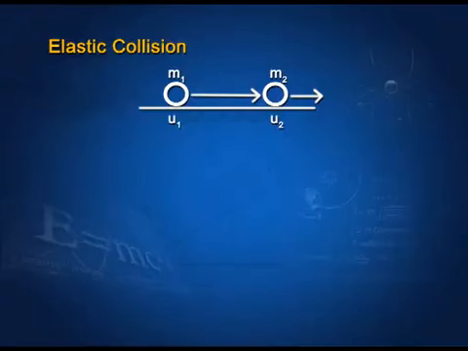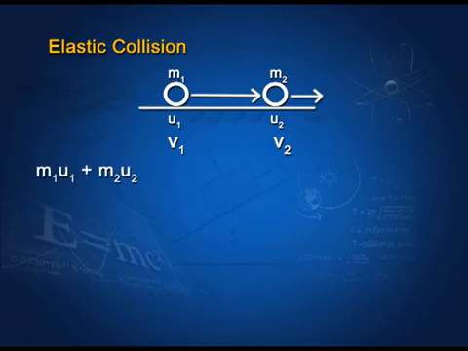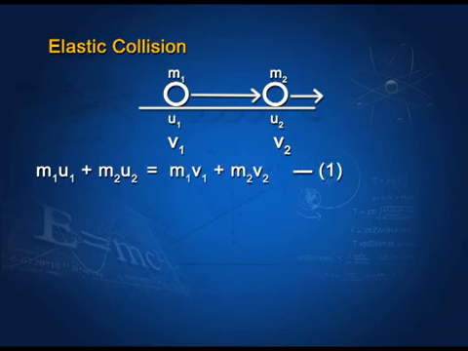Now, if we write the momentum conservation equation, it would mean momentum before collision and momentum after collision. So, let us assume that this takes up a velocity v1 after collision and this takes up a velocity v2 after collision. So, our first equation would look like this: m1 u1 plus m2 u2, which gives us the total momentum before collision, and this would be equal to m1 v1 plus m2 v2.